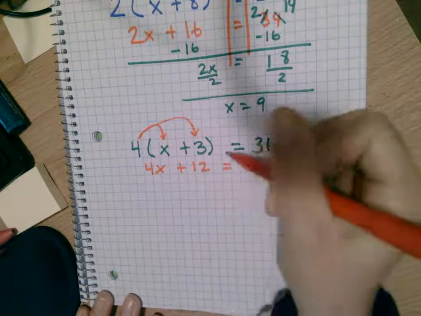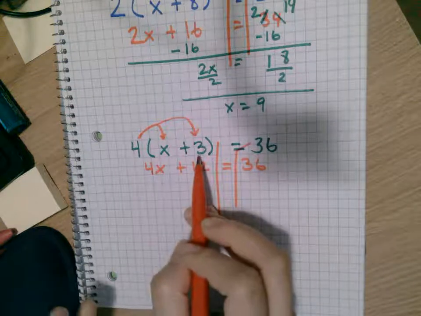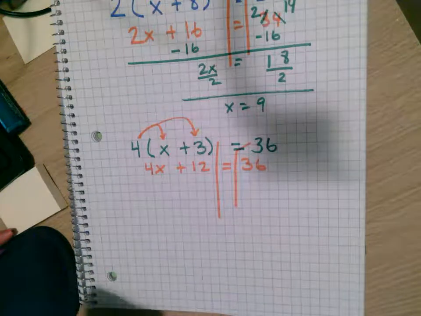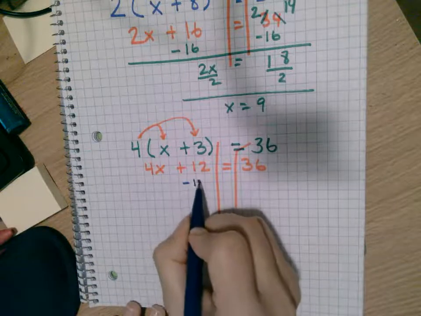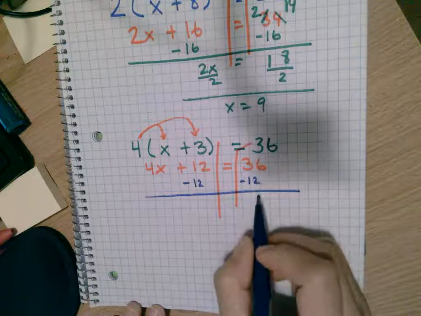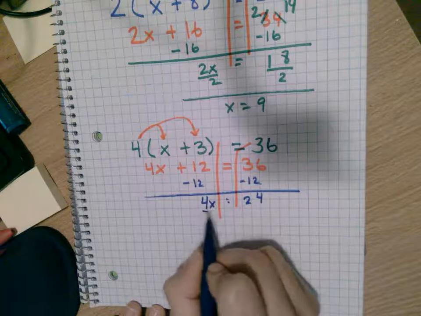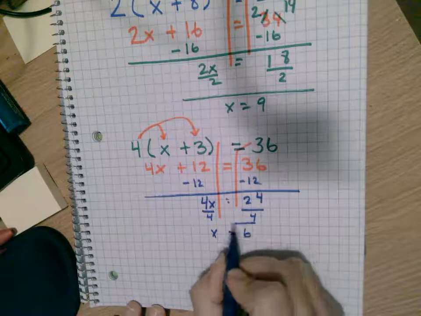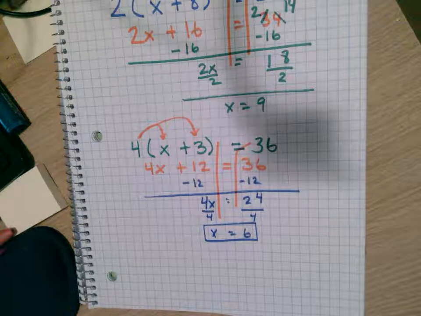Don't forget to distribute the 4 to the 3. The 3 also needs, remember we talked about it during Halloween time, you give candy to everybody in your group. No one gets left out. When you're done or you're stuck, you can look up here.